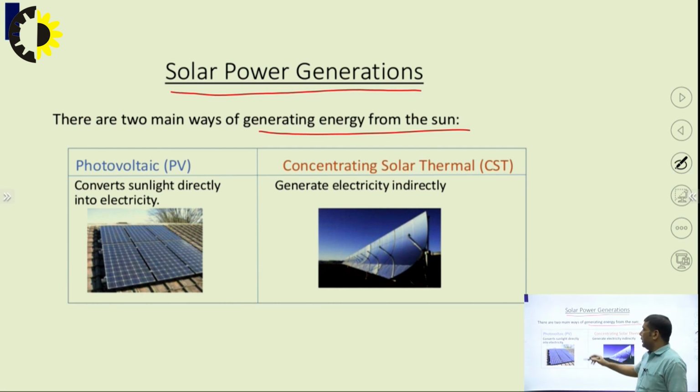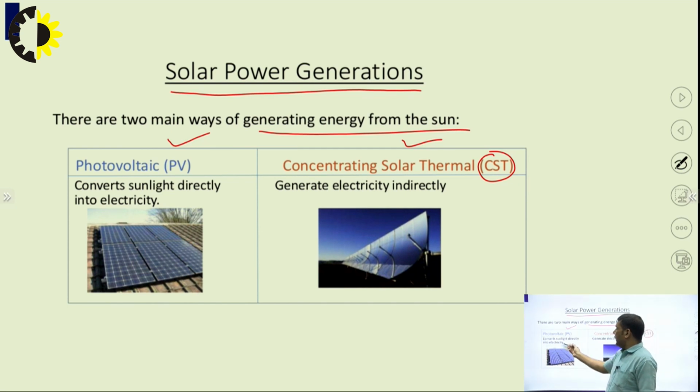One is the photovoltaic approach, another one is concentrating solar thermal, that is CST. As far as photovoltaic is concerned, it converts sunlight directly into electricity with the help of solar cells, or you can say solar panels, in which solar modules are mounted on the rooftop or at a place where direct sunlight contact is there. So this is a typical diagram.